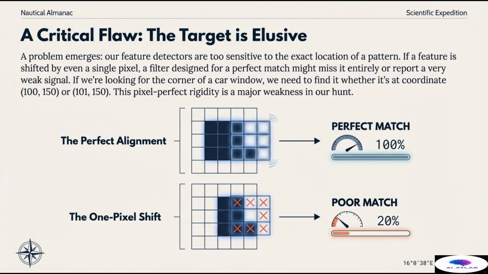A car window corner might be detected at coordinate 100, 150 in one photo and 101, 150 in another, due to slight camera shake or object movement. We need our system to recognize that a feature is present, regardless of this minute shift in position. This pixel-perfect rigidity is a major weakness that must be overcome if our hunting system is to be robust and successful in identifying objects in the wild.